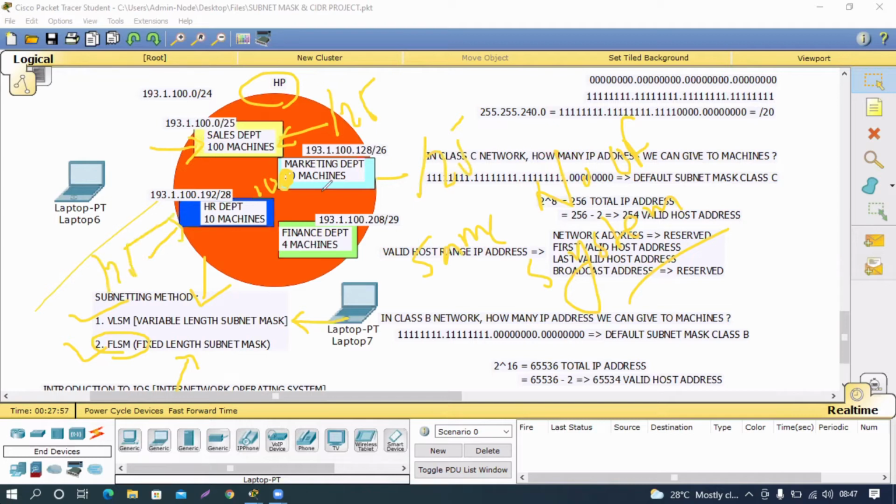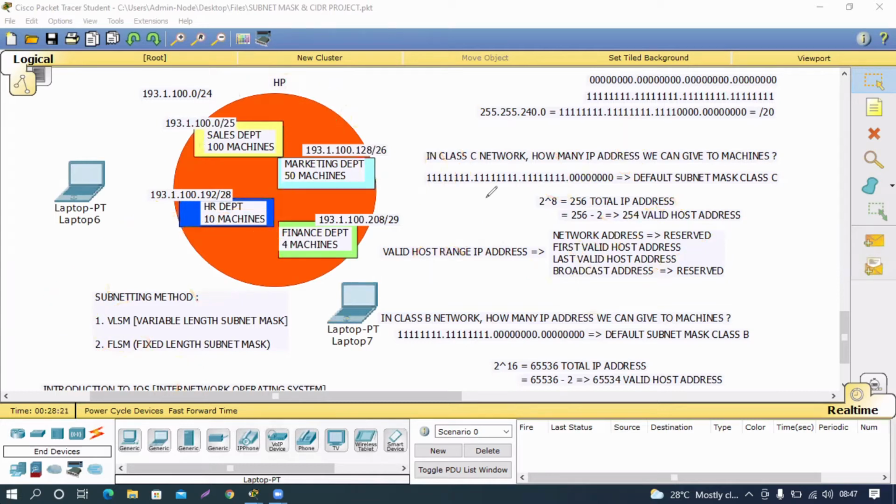All these departments we have to use slash 25, which is fixed. The subnet mask is always fixed. It is not changing. The requirement is also fixed. Everywhere you have 100 systems, over here also 100 systems. This doesn't sound reasonable, and that is the reason we don't use the FLSM method these days.